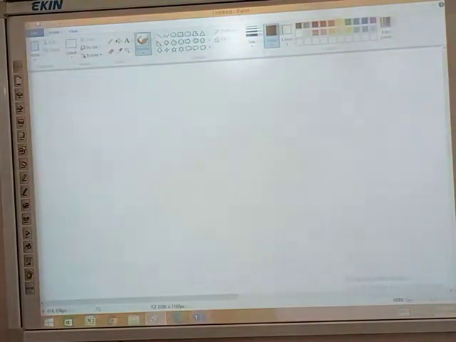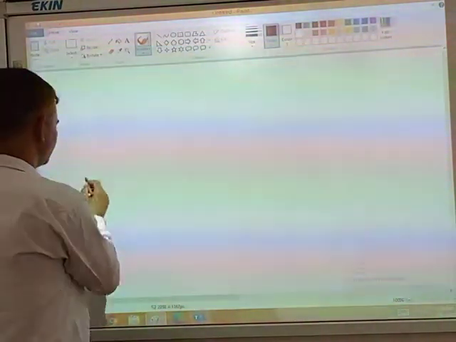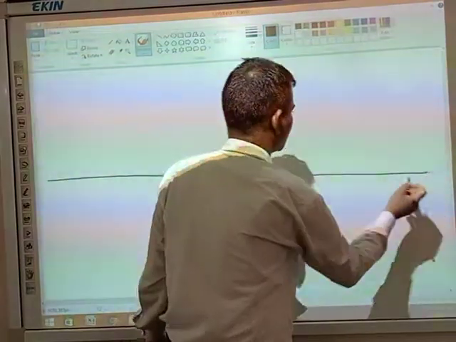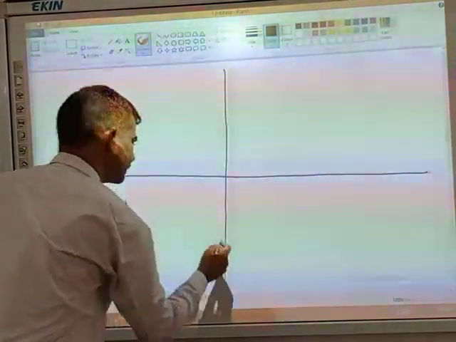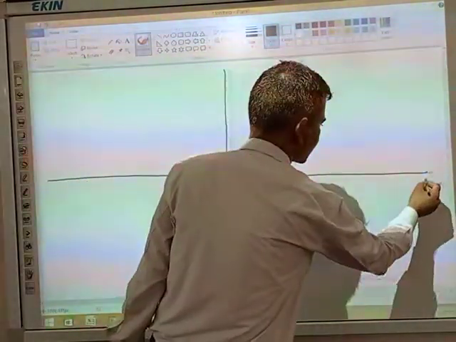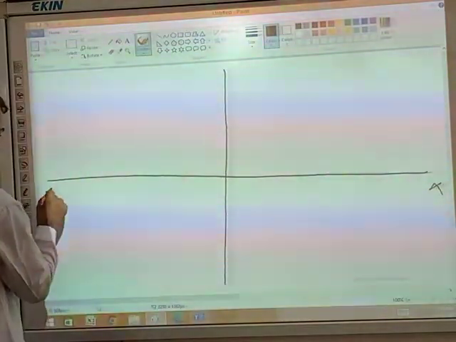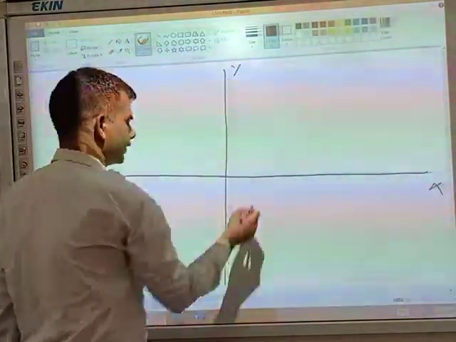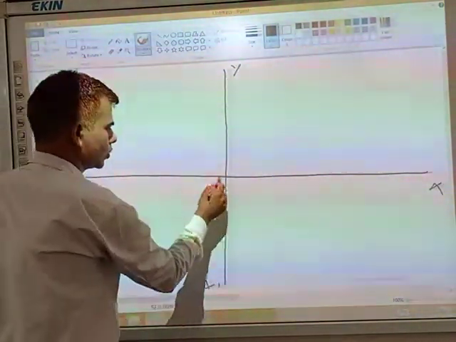Students, draw the Cartesian plane, the x-axis and y-axis with origin 0.